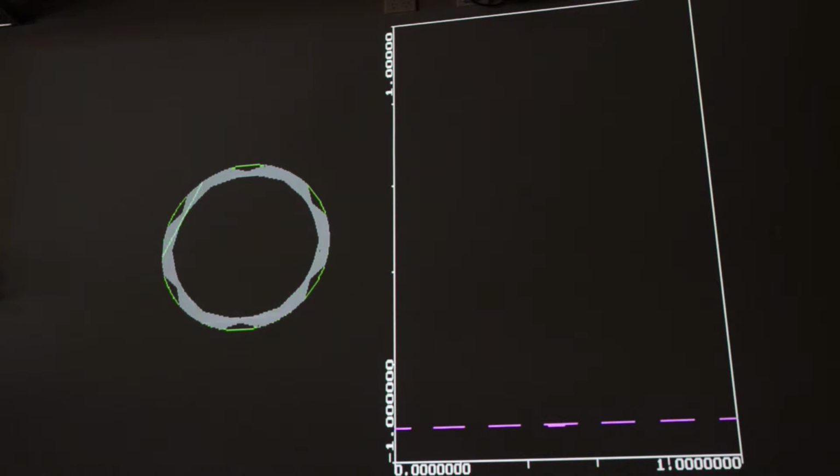Okay. You don't see the change. It still looks like a circle, but it's not. I'll just tell you it's not.